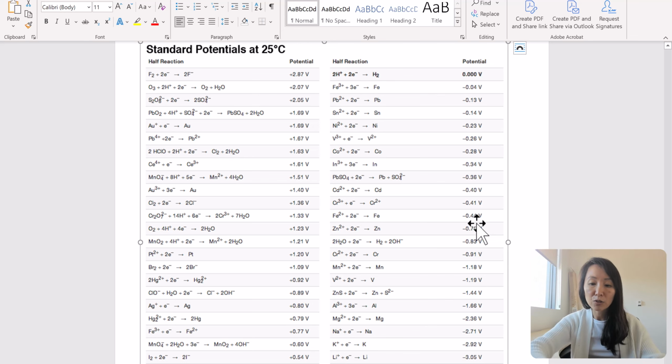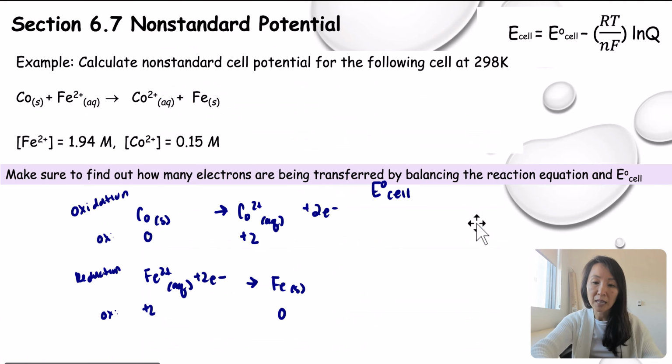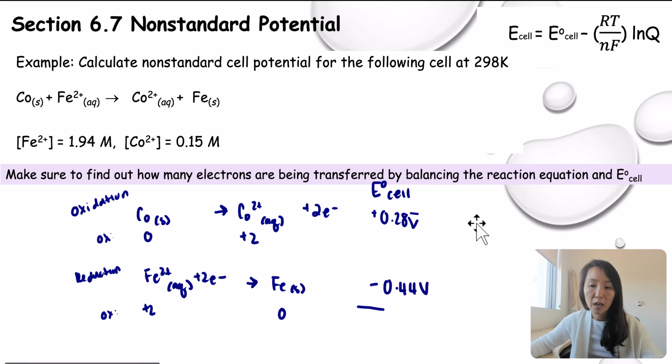Let's take those two values and go back to our slide. Our cobalt is not negative 0.28, but rather positive 0.28 volts. And then we have iron at negative 0.44 volts. You add the top and the bottom together, and you get negative 0.16 volts.